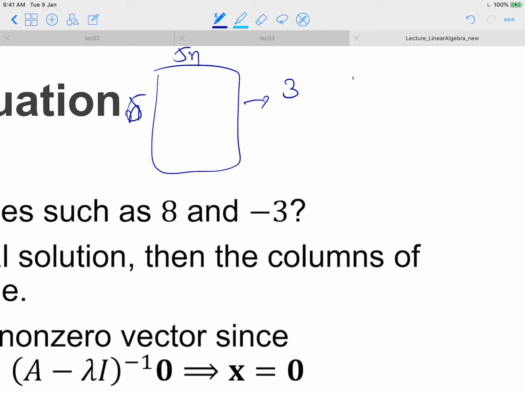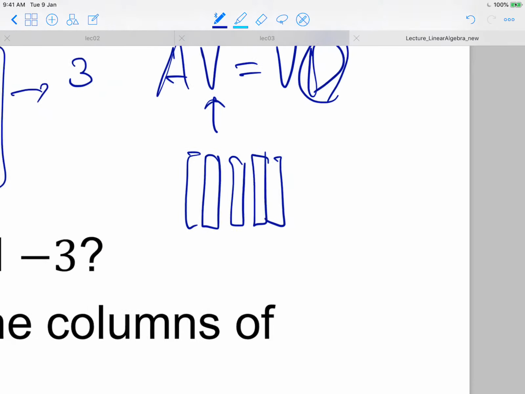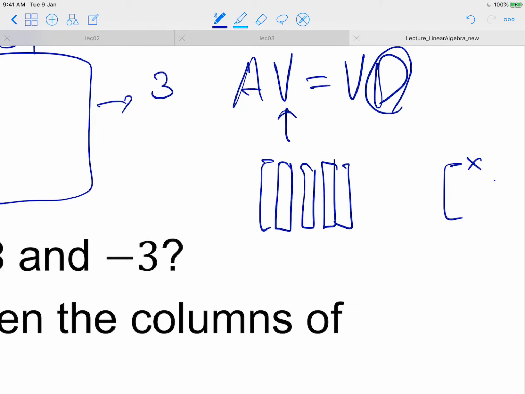So in this case, still, if we align AV and VD, and then form V by just collecting the 3 eigenvectors as V and the 3 eigenvalues like this. So this is lambda 1, lambda 2, lambda 3, right? Once we align this, then we have V over here, the same V, right?